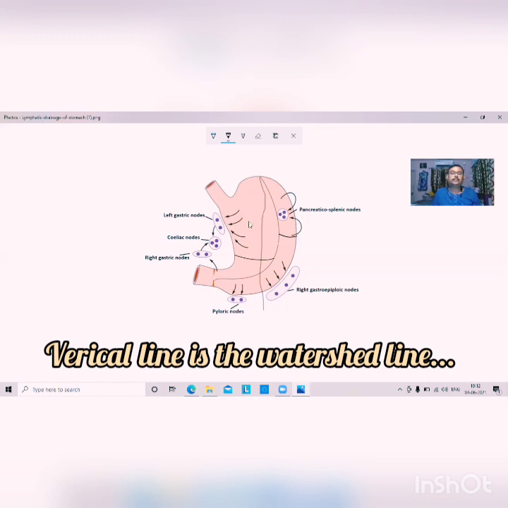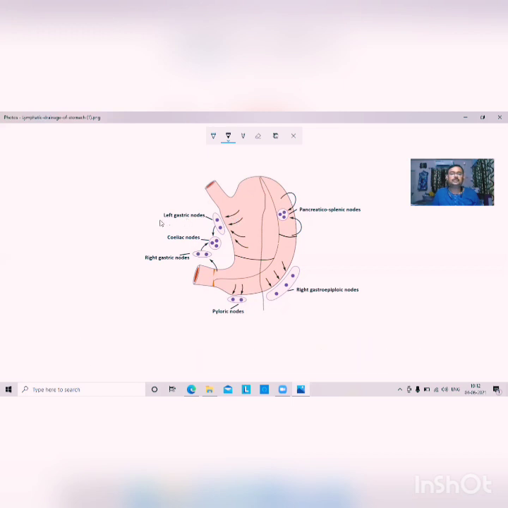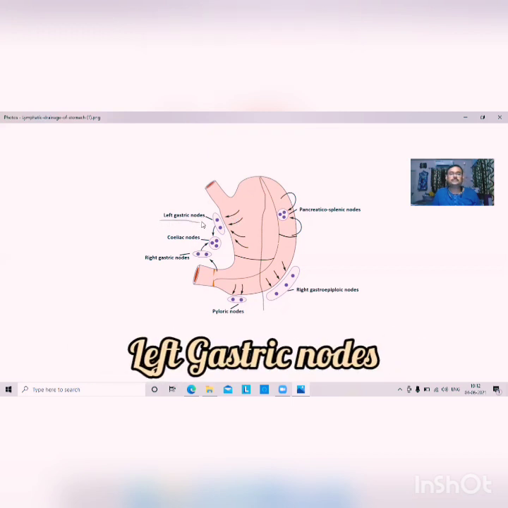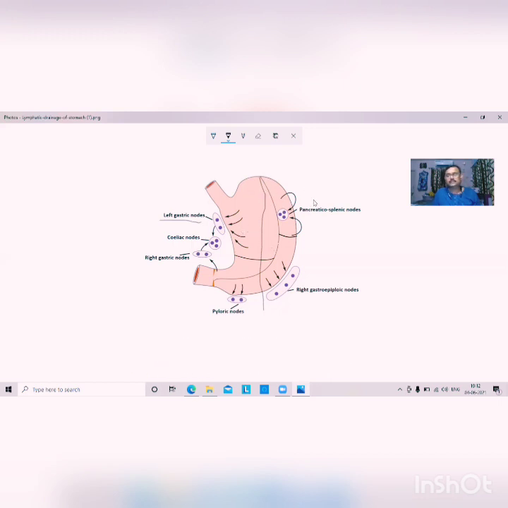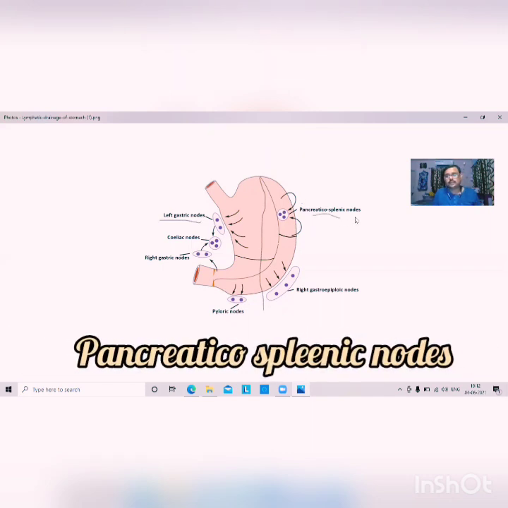Now, on the right side of the stomach, along the lesser curvature, the lymphatic drainage will be into the left gastric lymph nodes. Now, on the left side of the vertical line, the lymphatic drainage will be towards the pancreaticosplenic node.